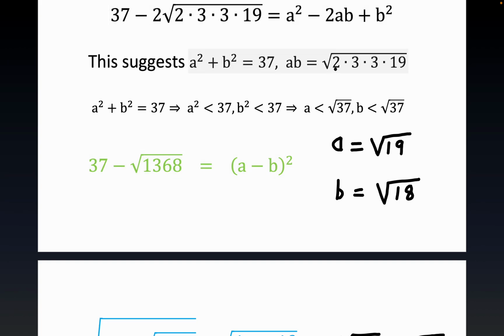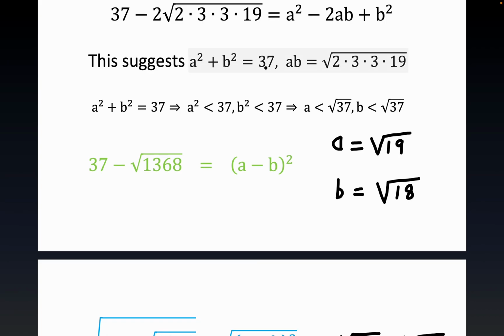A possibility would be 2 times 19 is 38, and then 9 there, and 38 and 9 is 47, right? The squares have to sum to 37, and that eliminates the possibilities to these two choices.